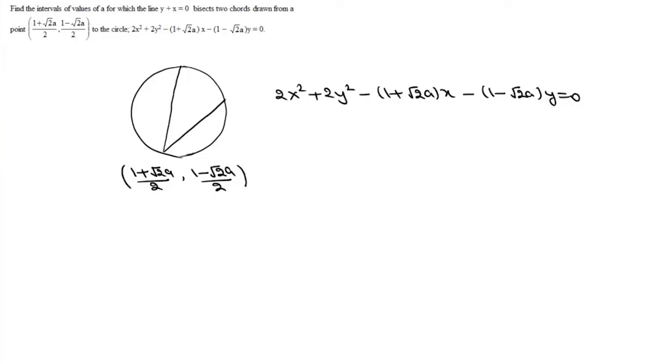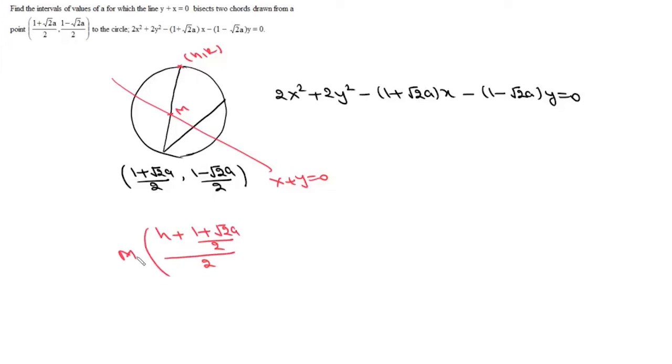Now it is given that this line x plus y equals 0 bisects two chords drawn from this point. So what we'll do is, we'll take this point as, suppose, (h, k), and we'll find its midpoint. Its midpoint is, say, M. So its midpoint will be ((h plus (1 plus root 2a) by 2) upon 2, (k plus (1 minus root 2a) by 2) upon 2).